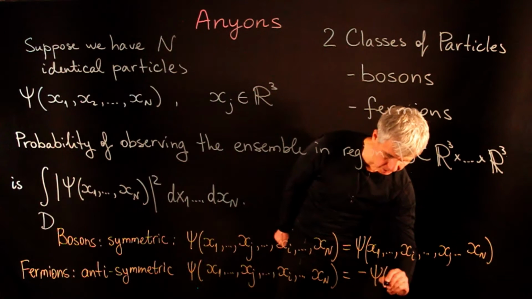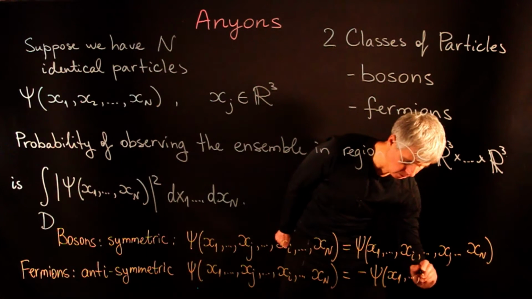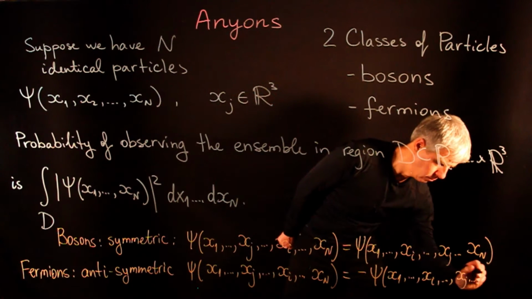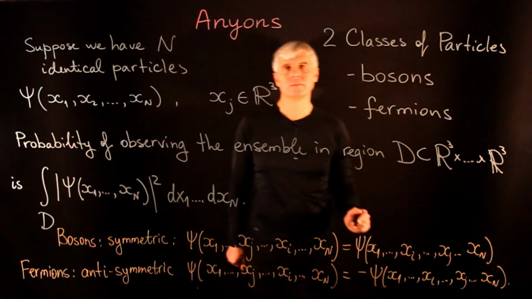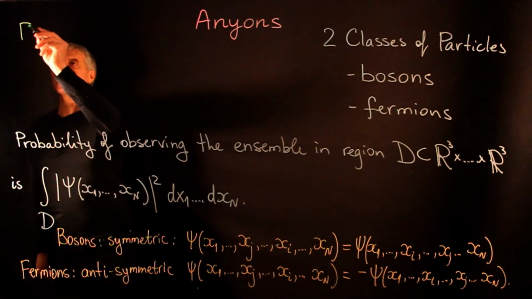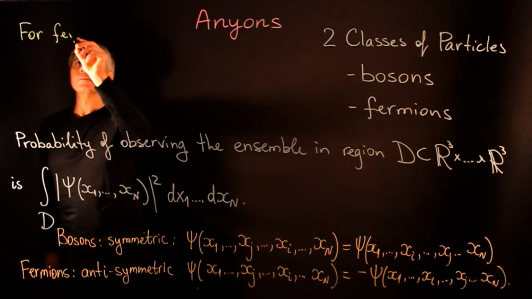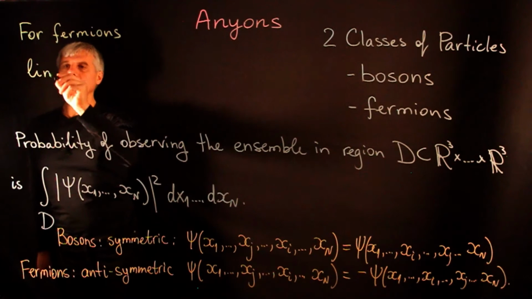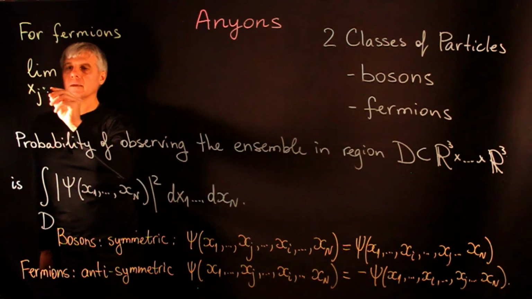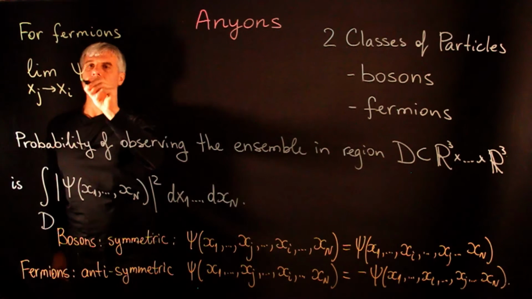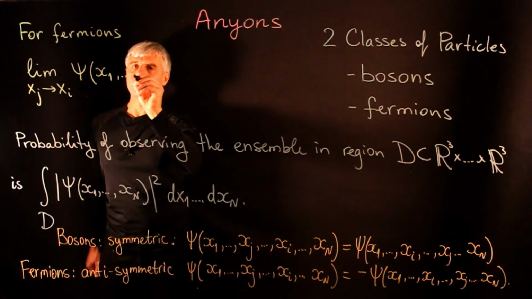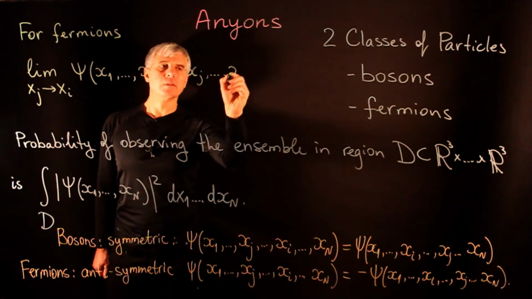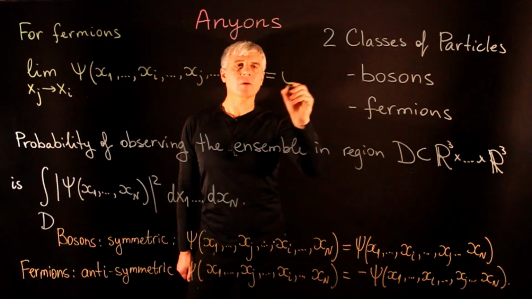So we have minus psi of x1, ..., xi, ..., xj, ..., xn. As a consequence, for fermions, if we take the limit when xj approaches xi of psi of x1, ..., xi, ..., xj, ..., xn, this limit is going to be 0.